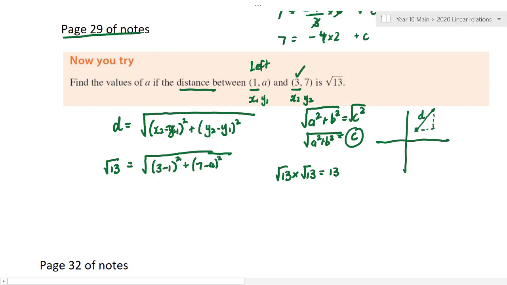Okay, we're squaring both sides. That just essentially cancels out the square root signs. If you think about it, everything inside the square root on the left-hand side must equal the right-hand side. So let's ignore those square roots now, and we've got 13 is equal to 3 minus 1 squared, which is the same as 2 squared, and then plus 7 minus a squared.